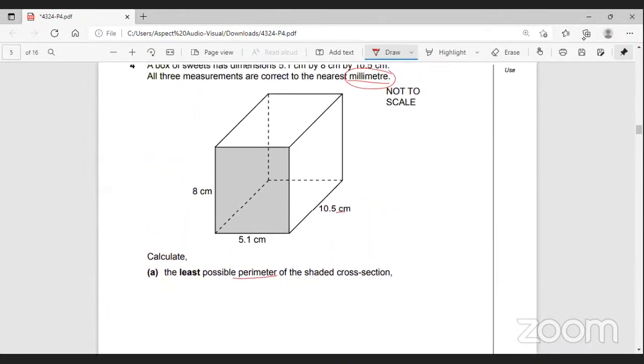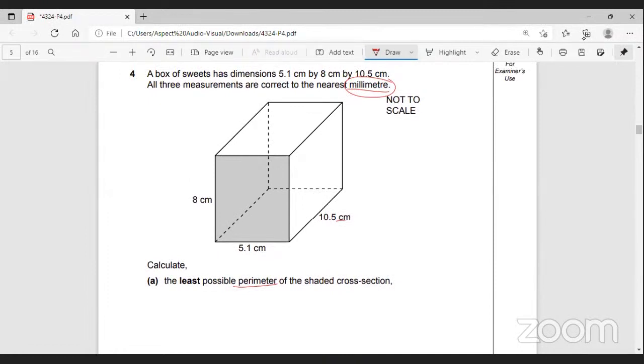Remember what I want us to do. The upper bound is always something that you divide by 2, and then you add it somewhere, and then you subtract it somewhere. So we do not want to convert all this to millimeters and then come back again. Our aim is to convert, because they say correct to the nearest millimeter. Are we together?